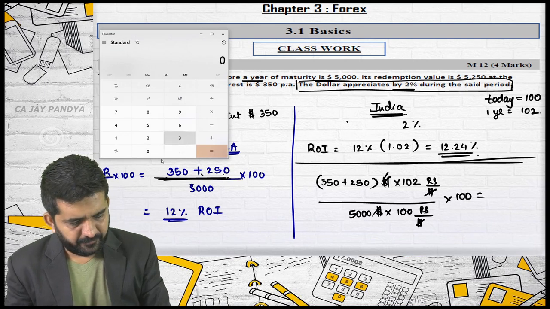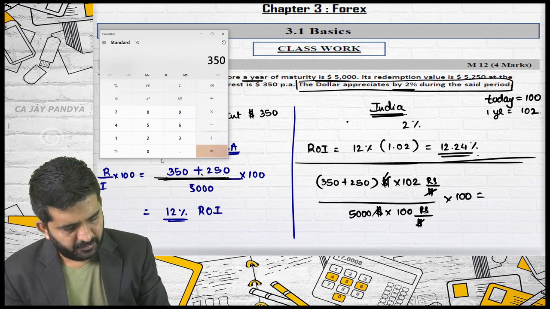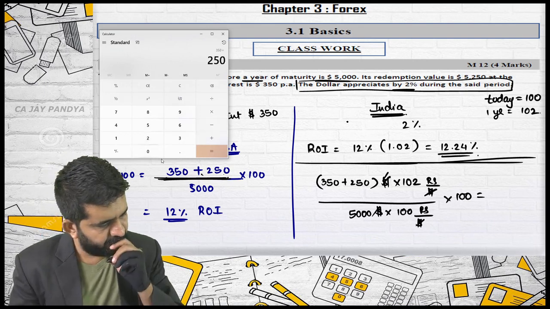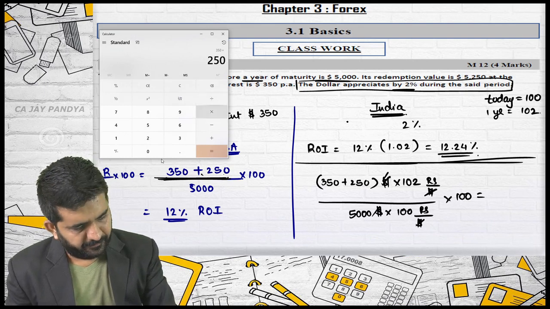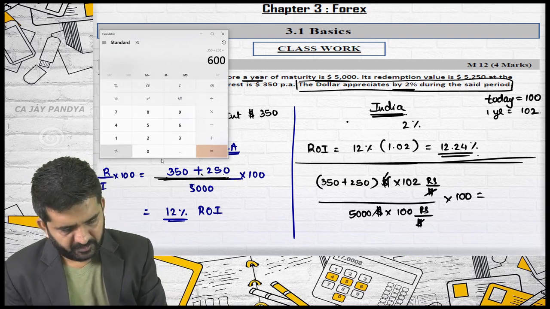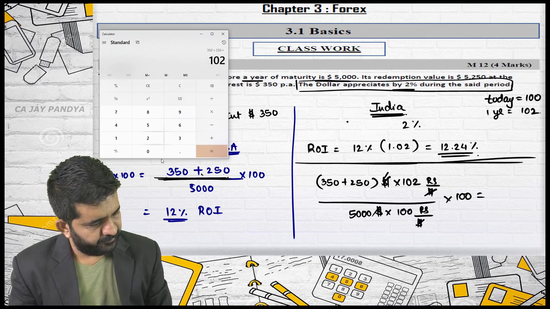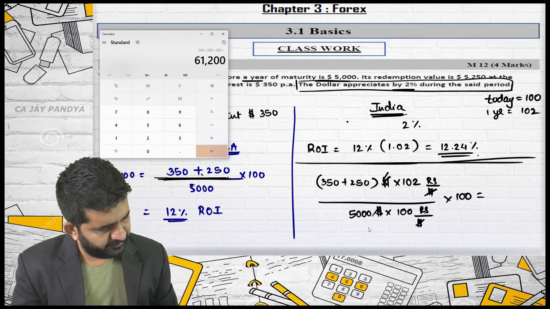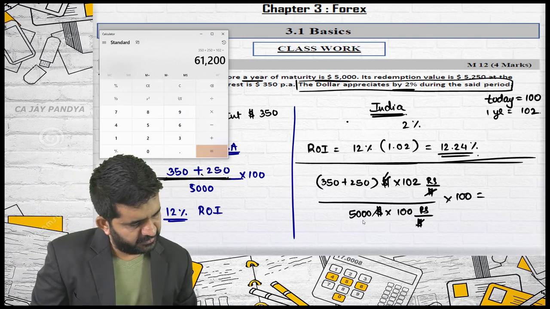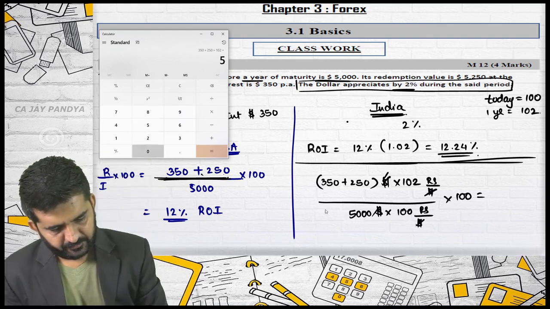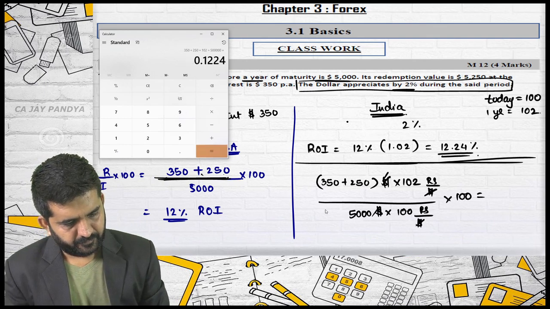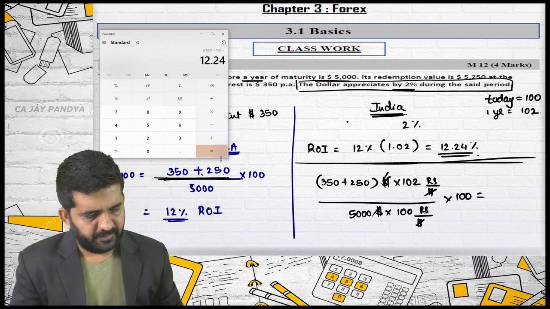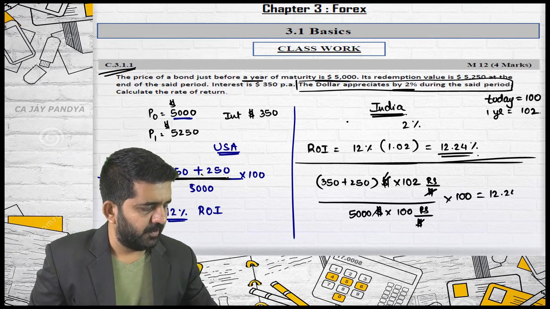It is 350 plus 250 multiplied by 102 divided by, this is 5 lakh, multiplied by 100. It is nothing but 12.24%.